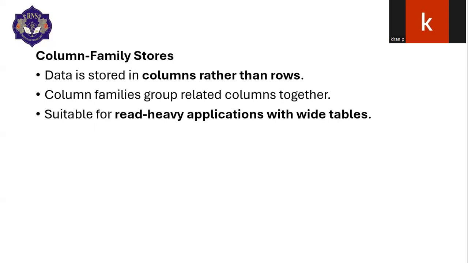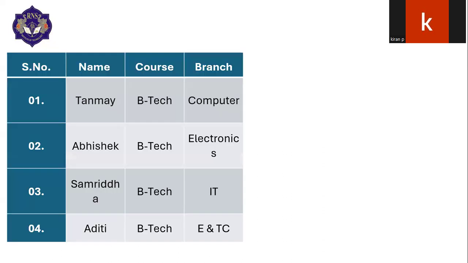This is actually required when the table is too huge. If you have around 2000 fields and you are always reading in a column representation, then column family stores will be an answer for it. For example, this is an example of a relational database. You have rows 1, 2, 3, 4.